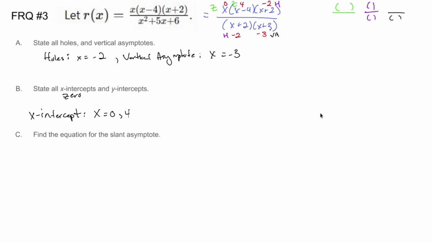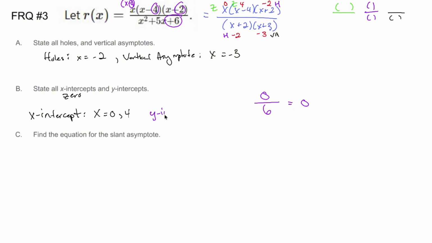If we look at all the factors, technically this could be written out as x minus 0. So if I were to multiply all the constants up here, I would get 0 times negative 4 times 2, which is 0. And down on the bottom, where I have 6, I would get 0 divided by 6, which means 0 is going to be my y-intercept.